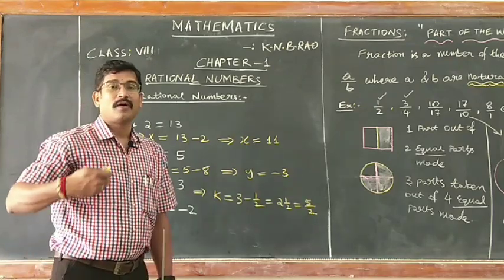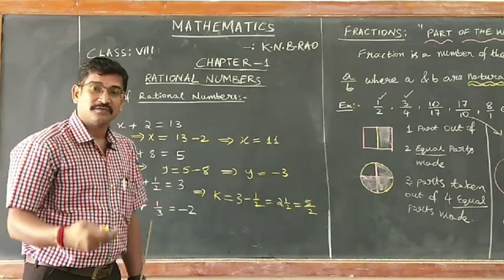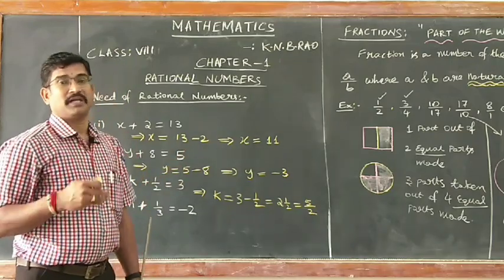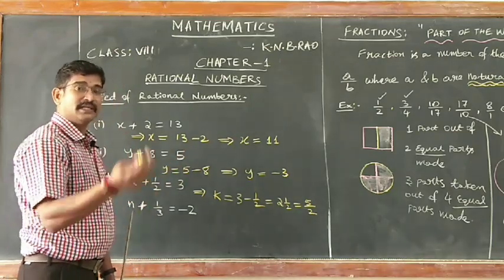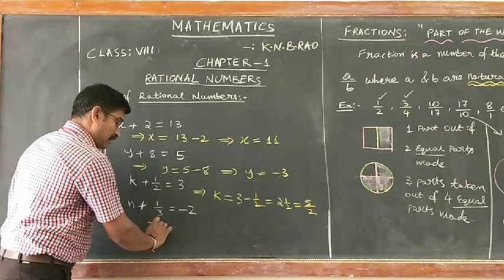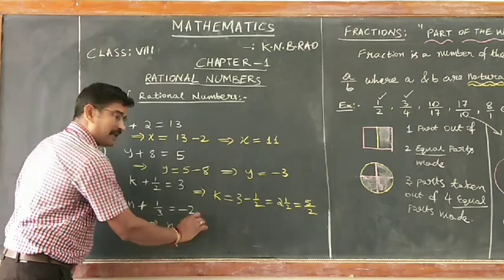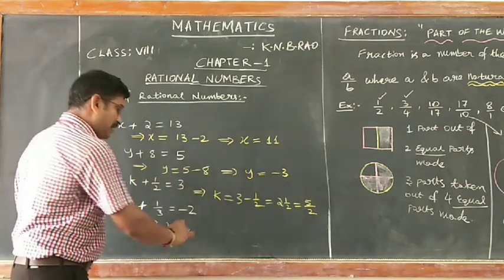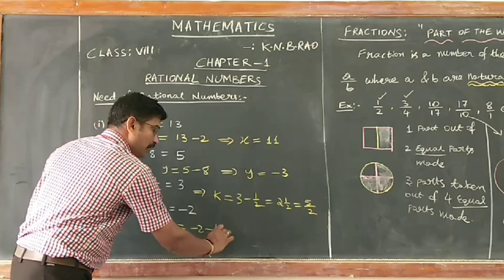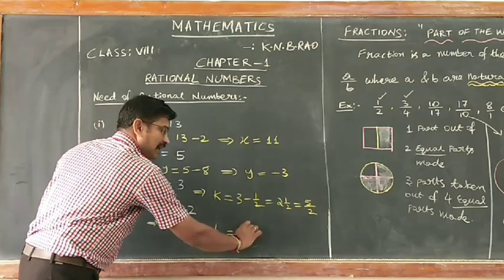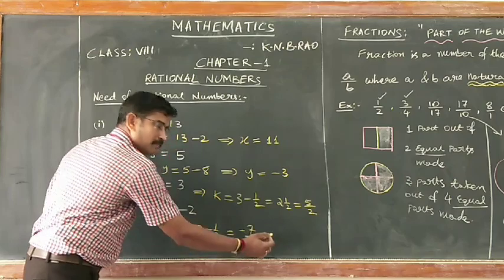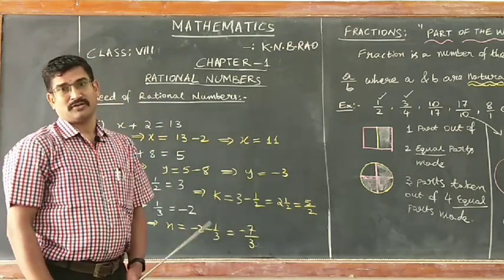So, here we require fractions as a part of the solutions of simple equations. Similarly, in the fourth example, when you solve for the value of the variable n, in this case you will find the need of rational numbers.